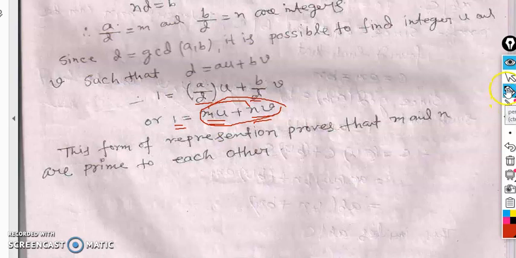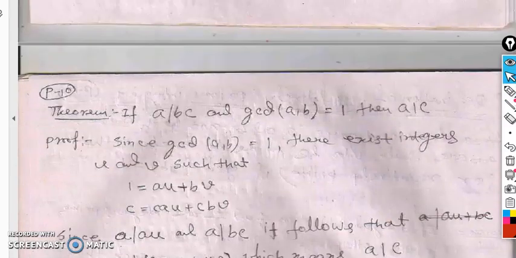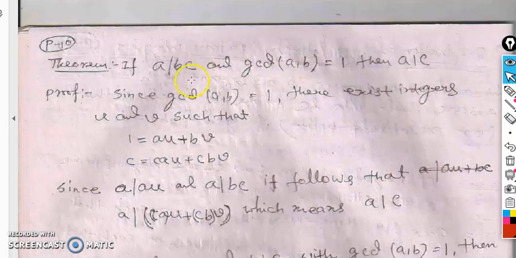Now we move to another proof section of this chapter. It is also a very important theorem. It says that if A divides BC and the GCD of A comma B is 1, which represents that A should not be a divisor of B. Because if A is a divisor of B, and A and B have any other common factor other than 1, then they must cancel this common factor.